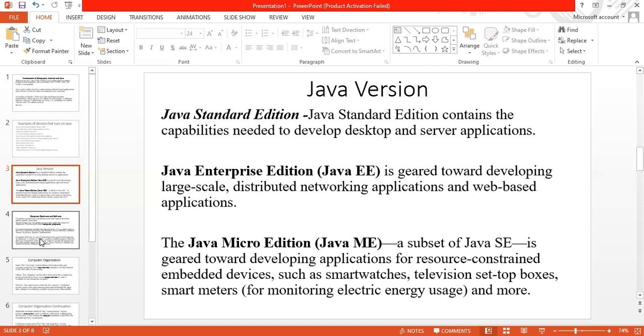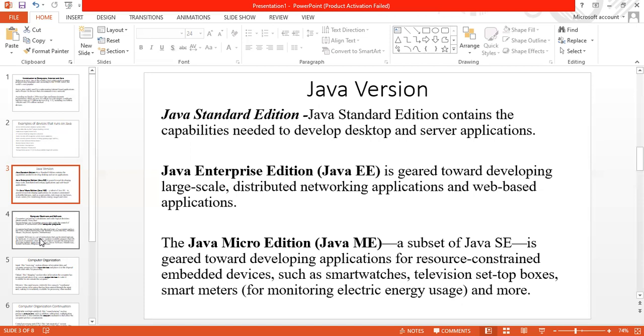It is geared towards developing large scale, from the word enterprise, distributed network applications and web-based applications. So don't forget these three things that the Java Enterprise Edition connotes: large scale distributed networking applications, and web-based applications.